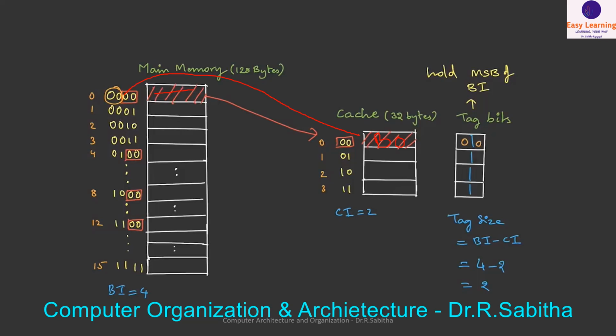Now the most significant 2 bits are stored in the tag bits, so it is 00. Since each cache line has an associated tag, if I am going to place in cache line 0, tag line 0 will be filled. If I am placing some value in cache line 2, the corresponding tag line will be filled. This is how you have to understand.